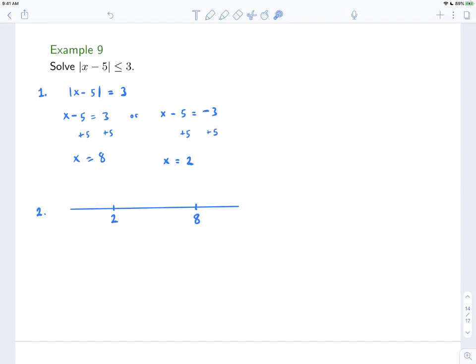So you just have to check each one individually to see if it's included or not. You pick one number in each interval and plug it into the original inequality. If the original inequality is true for that number, then you include that interval. So that's step 3. Let me just divide this like so.